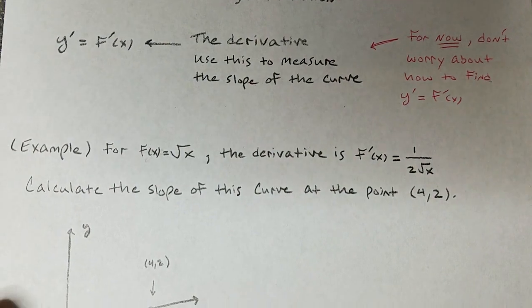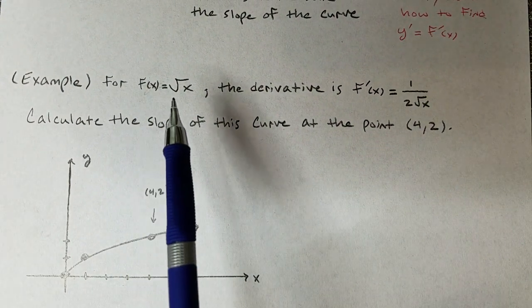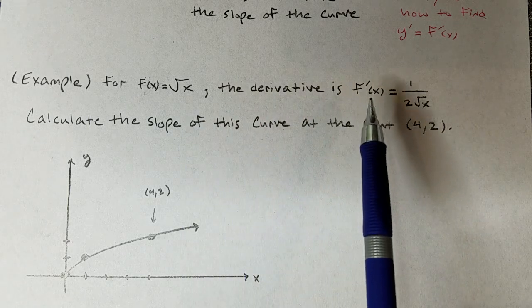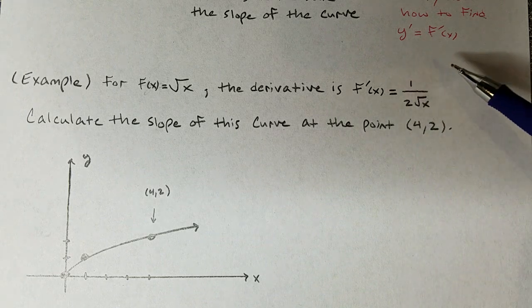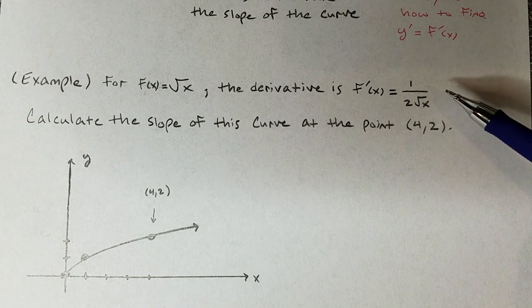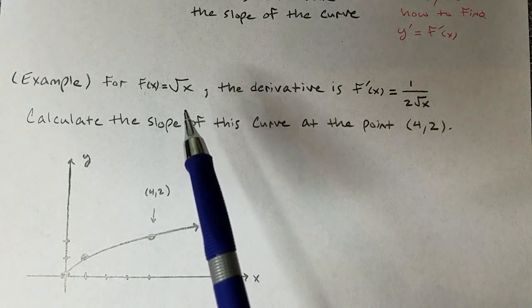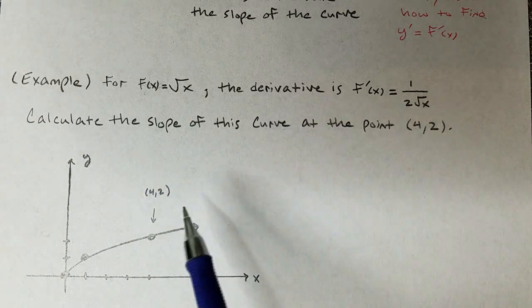So let's do something basic to start with. Say you have this curve, f of x is equal to root x. And I tell you that the derivative f prime is 1 over 2 root x. That formula is the thing that we use to measure the slope of this curve at whatever point you want. And then the question is, calculate the slope of the curve at the point 4, 2.